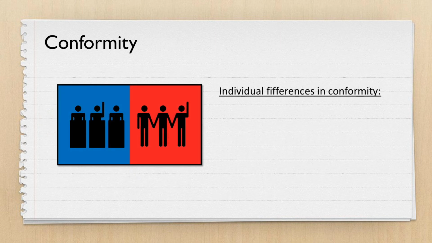In addition to these situational factors we just talked about, there are also individual and cultural differences in how likely we are to conform. Research shows that people who have lower self-esteem are more likely to conform.